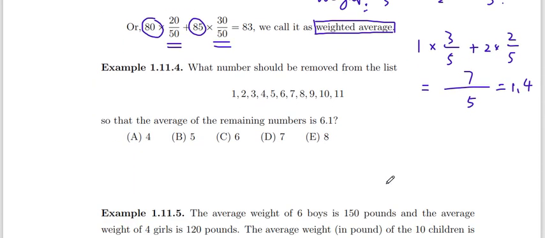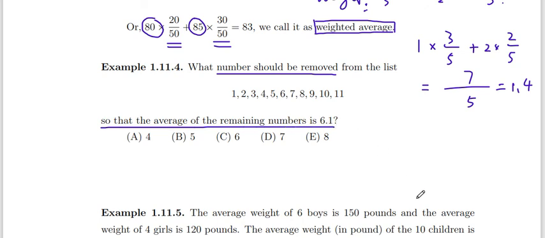Okay. So for this one, let's say we have those numbers, well organized from smaller to bigger. What number should be removed from this list so that the average is a little bit larger than 6?